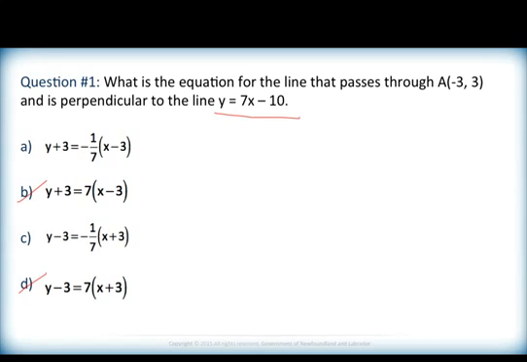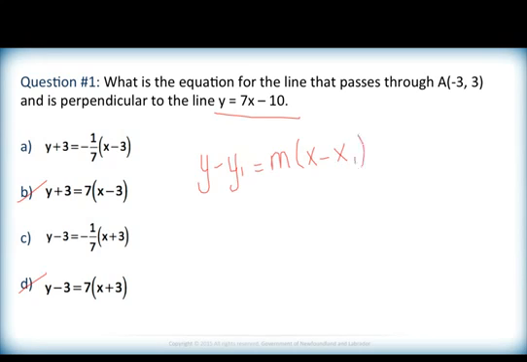Now the points are different. We have (-3, 3) and (3, -3). So if we rewrote the slope point form equation, we can see which one will give us the option.